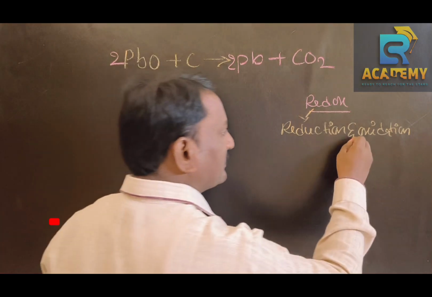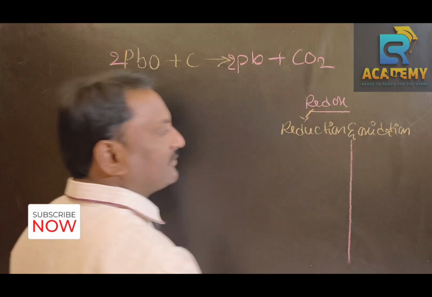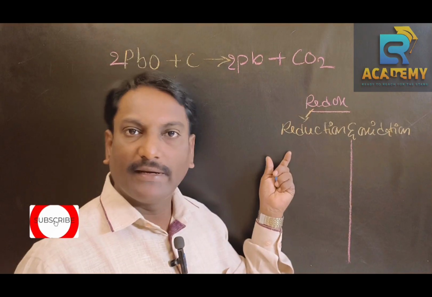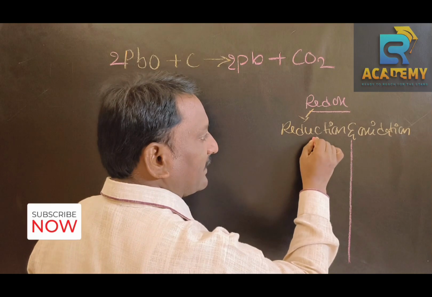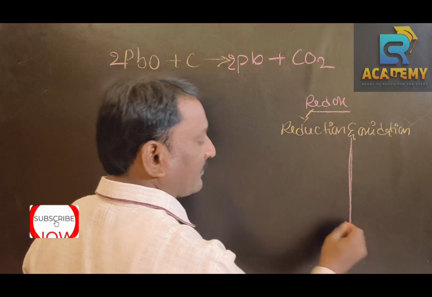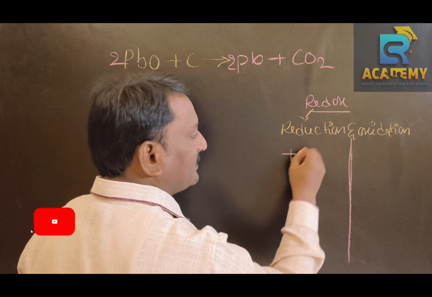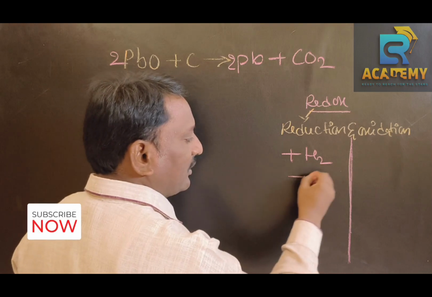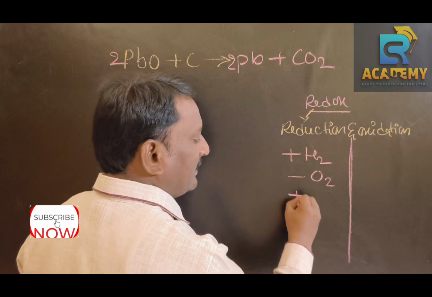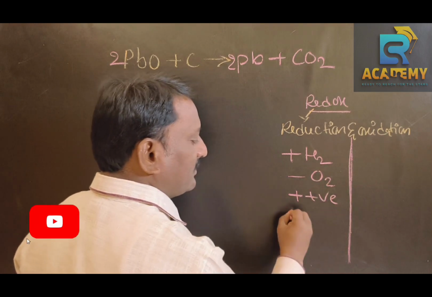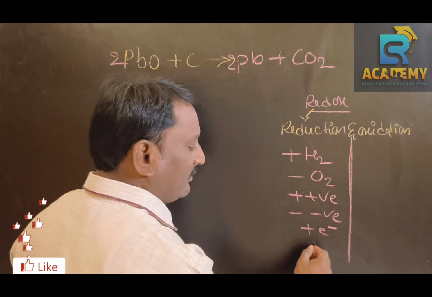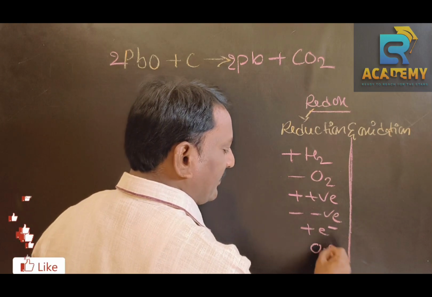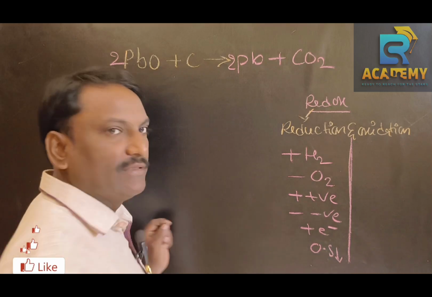To identify which one is reduction and which one is oxidation, we should know the reduction and oxidation table. What is meant by reduction? Addition of hydrogen, removal of oxygen, addition of electropositive element, removal of electronegative element, gain of electrons, or decrement in oxidation state.